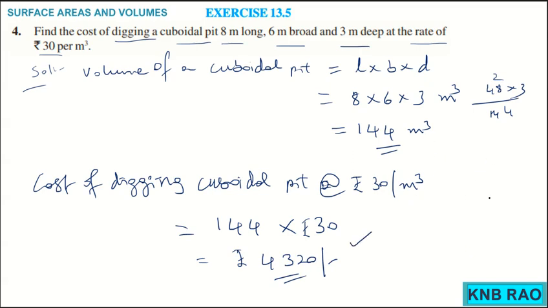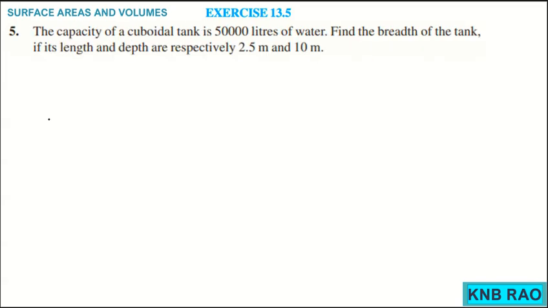Now move on to question number 5. The capacity of a cuboidal tank is given 50,000 liters of water. Find the breadth of the tank if its length and depth are respectively 2.5 meter and 10 meter.